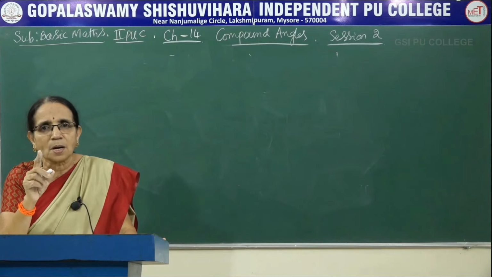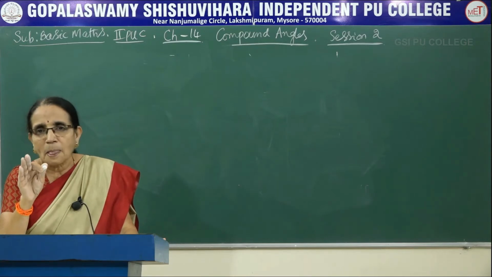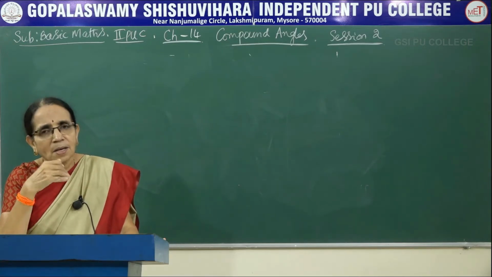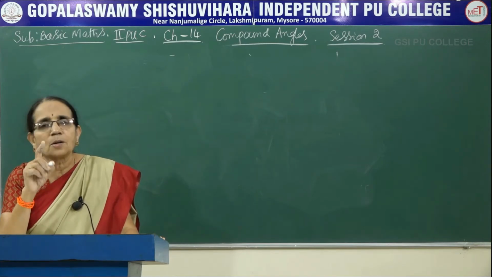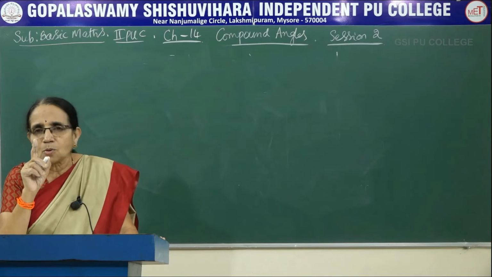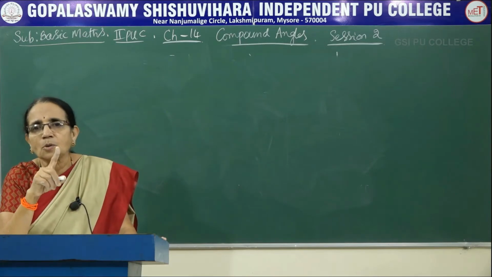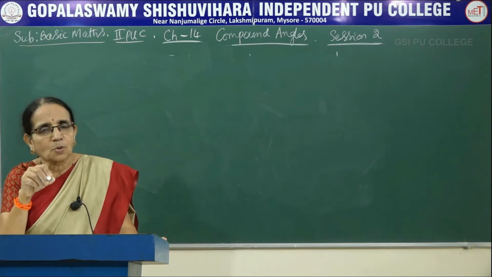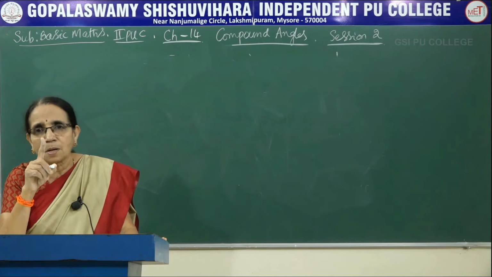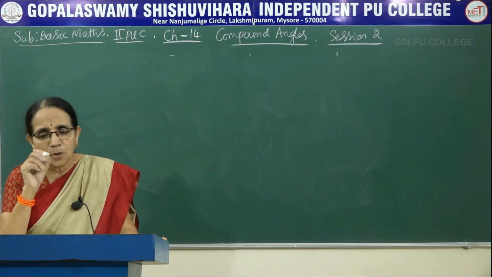Only in the first quadrant are all the ratios positive. If the angle is lying in any other quadrant, you have to look at the angle, then decide about the sign, because you know that in the second quadrant sine and cosecant are positive, in the third quadrant tan and cot are positive, and in the fourth quadrant cos and secant are positive. So depending upon the angle and the ratio, you have to write the appropriate sign.